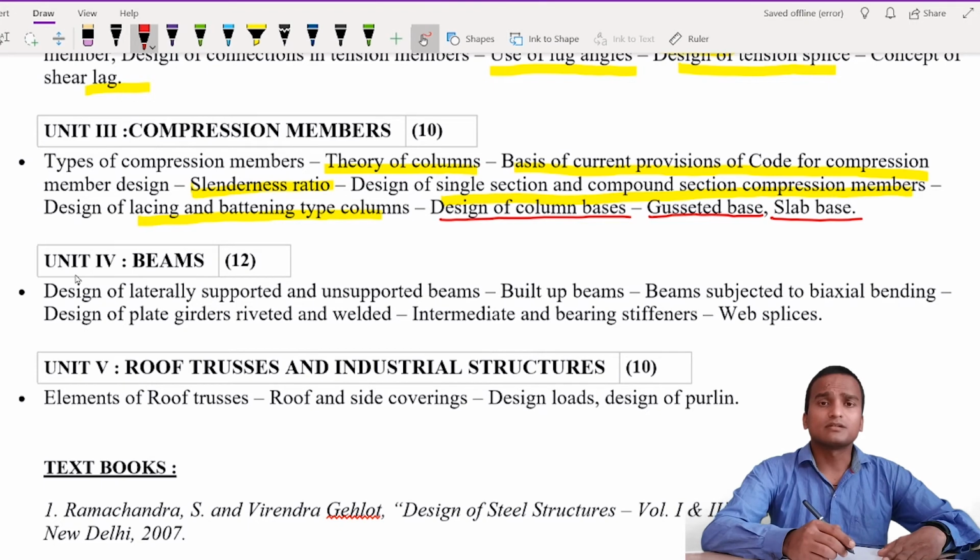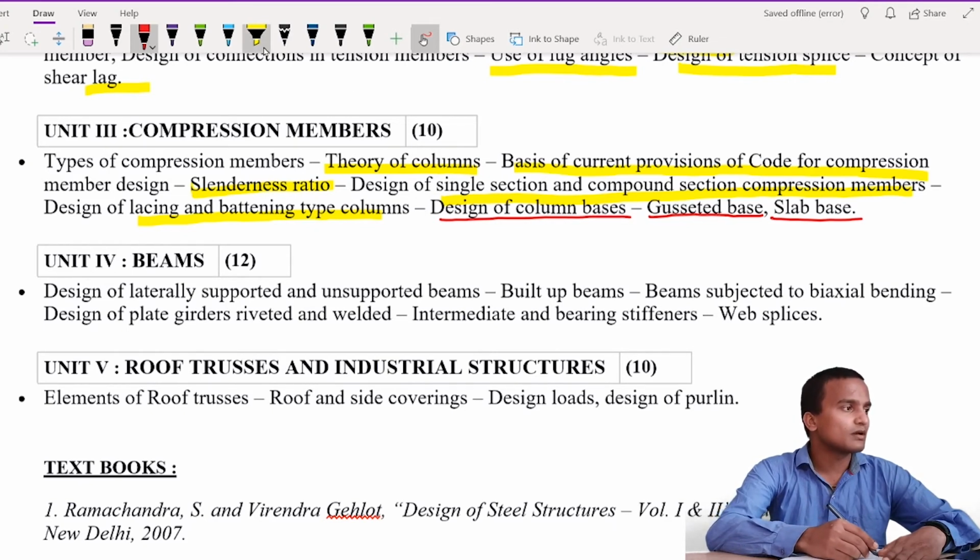After discussing tension members and compression members, we will discuss flexural members, which are called beams. This is unit 4, and unit 4 is entitled Beams.